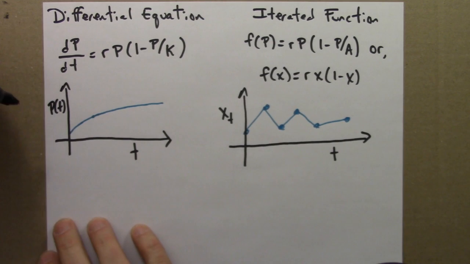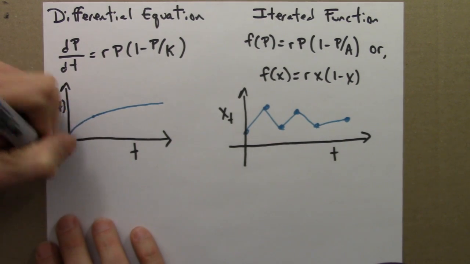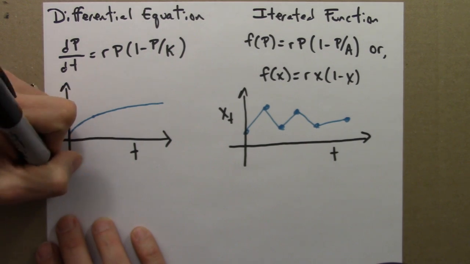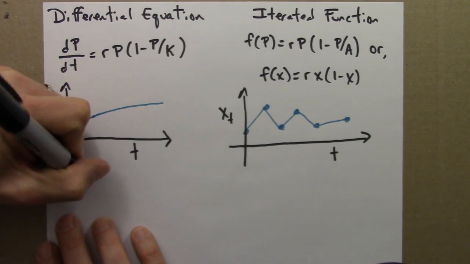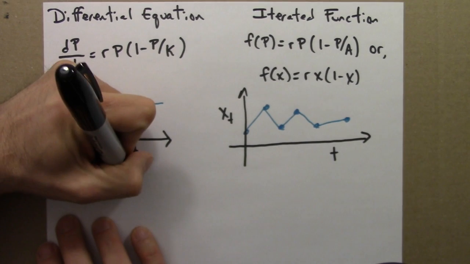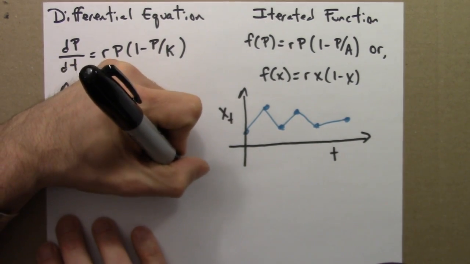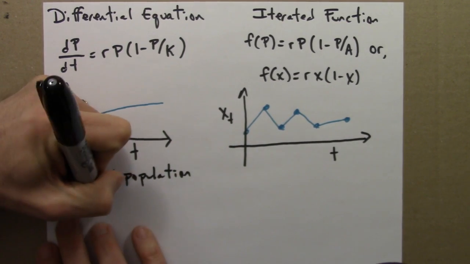So in the differential equation, time and population are continuous.